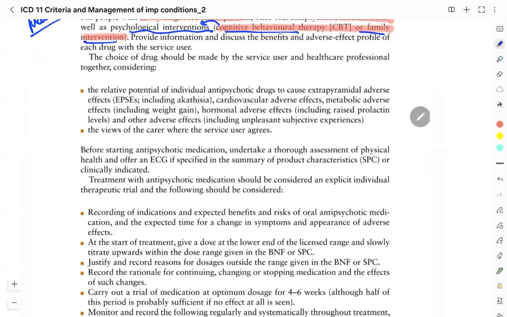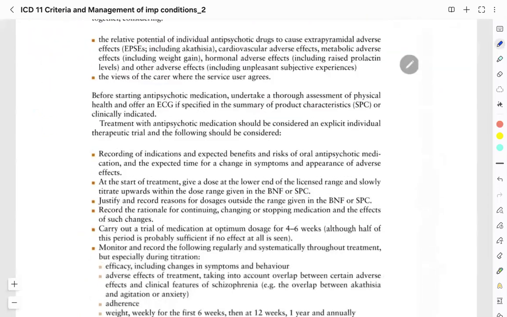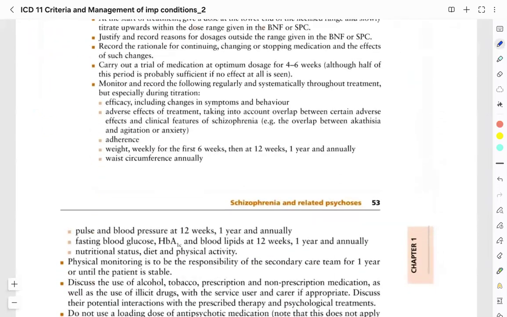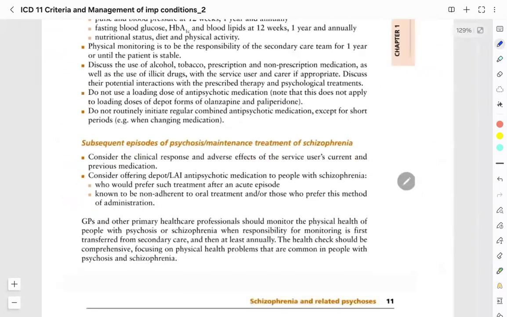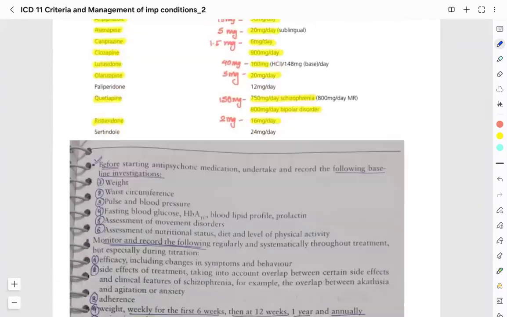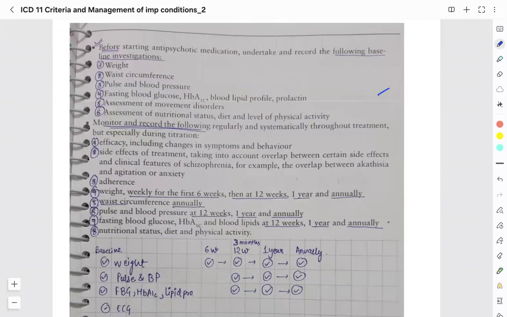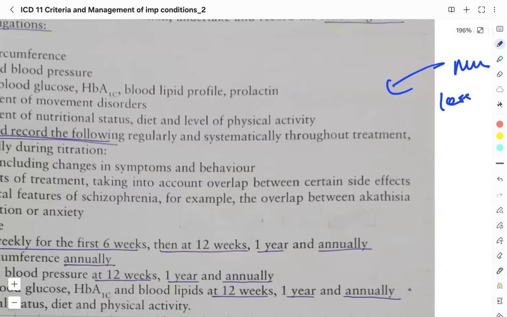All right. Then there are a few things that they also say, but we'll not look into this because it's going to be a little bit otherwise problematic. So what I have done is I've compiled it here. This is from Maudsley, but it is more or less the same. It is very much the same as NICE guidelines, right?